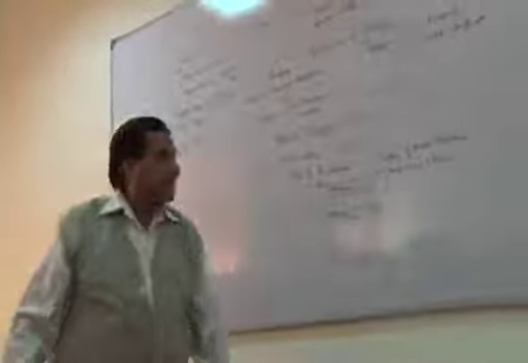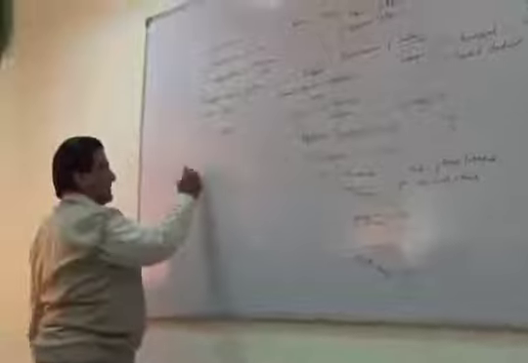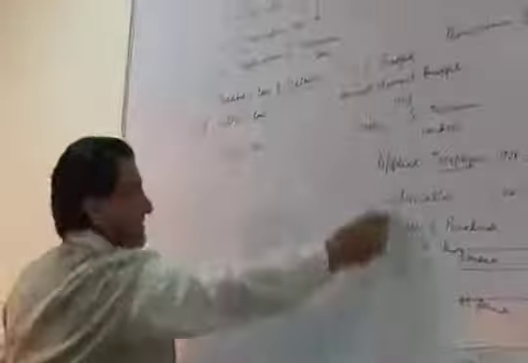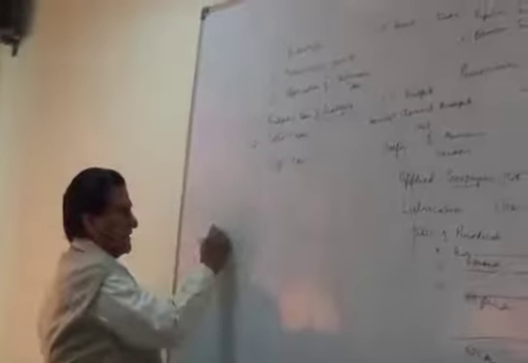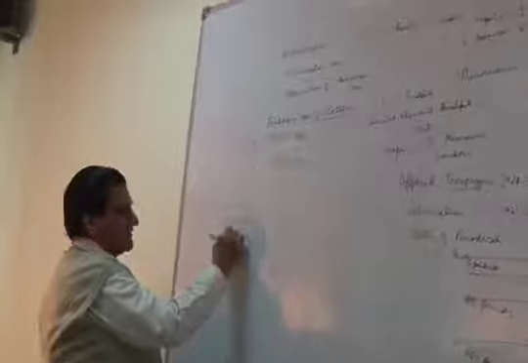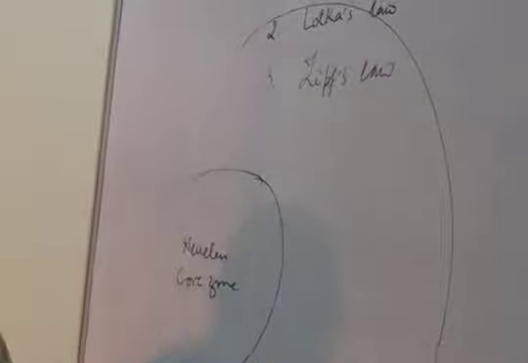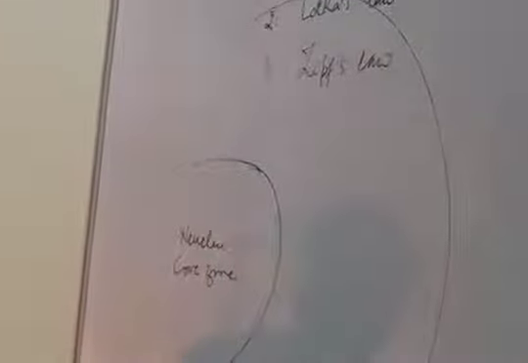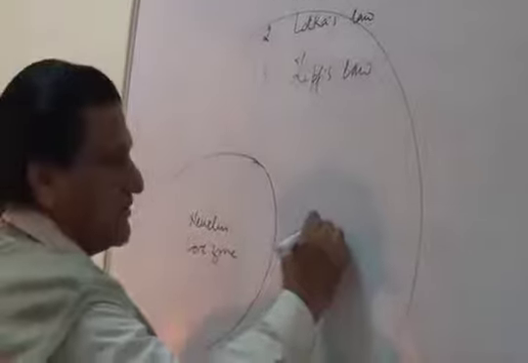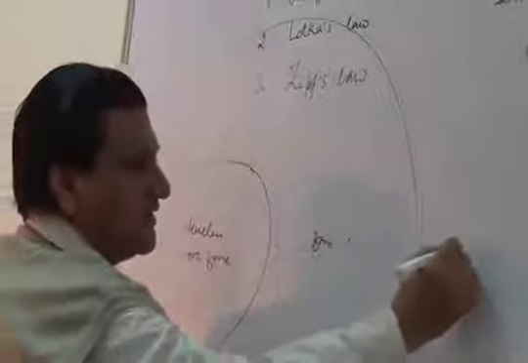He says that if these 3 zones are shown like this, being the nucleus, being the core zone, this is zone 1, this is zone 2.